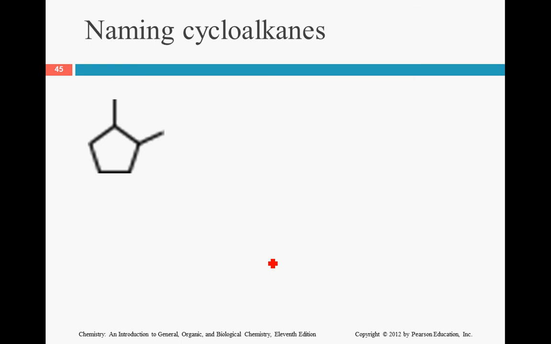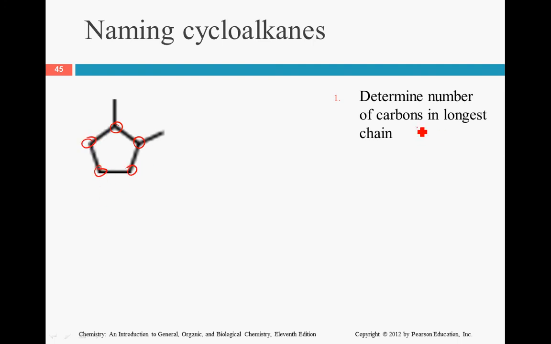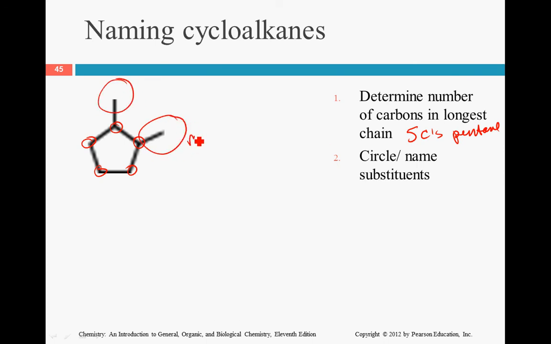Okay, let's do one where we do have more than one substituent. Once again, we're going to determine the longest chain. 1, 2, 3, 4, 5 carbons here. So once again, we still have pentane here. Circle and name the substituents. We have 1 here, and we have 1 here. Those are both methyl groups.